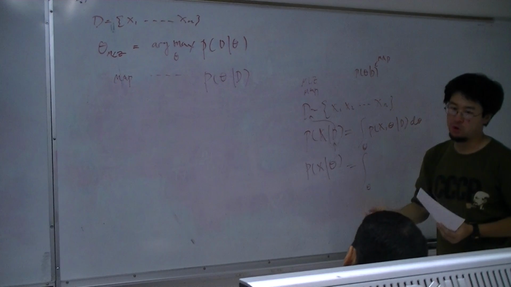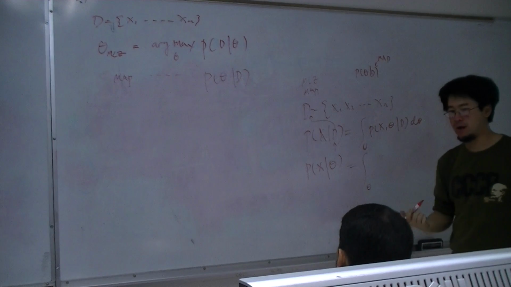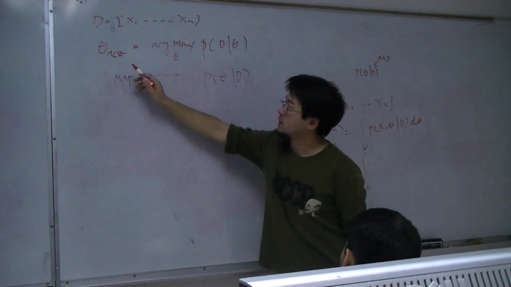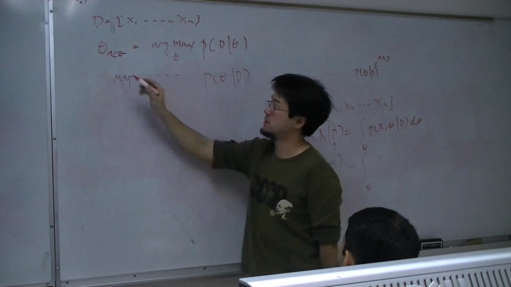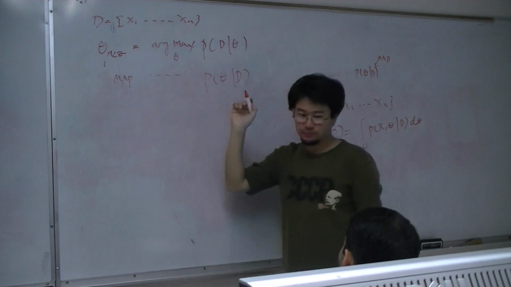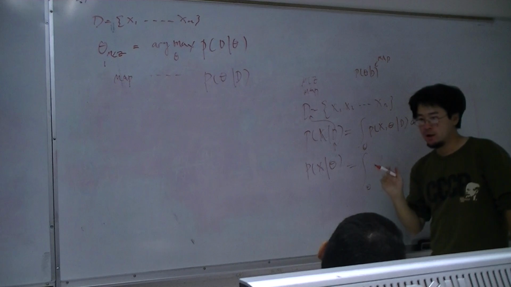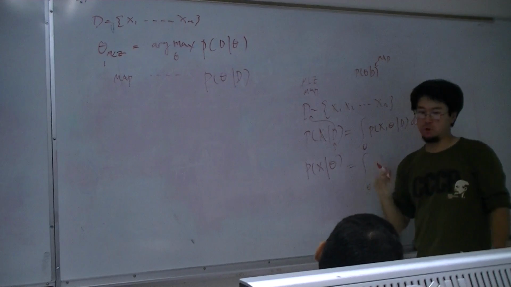For example, flipping coins. If you only have 3 data, which are all heads, well, it's bad luck. Then this theta, in the context of parameter distribution, is going to be 1. If you plug in 1 into the parameter distribution, whenever you predict tails, it's all going to be 0.